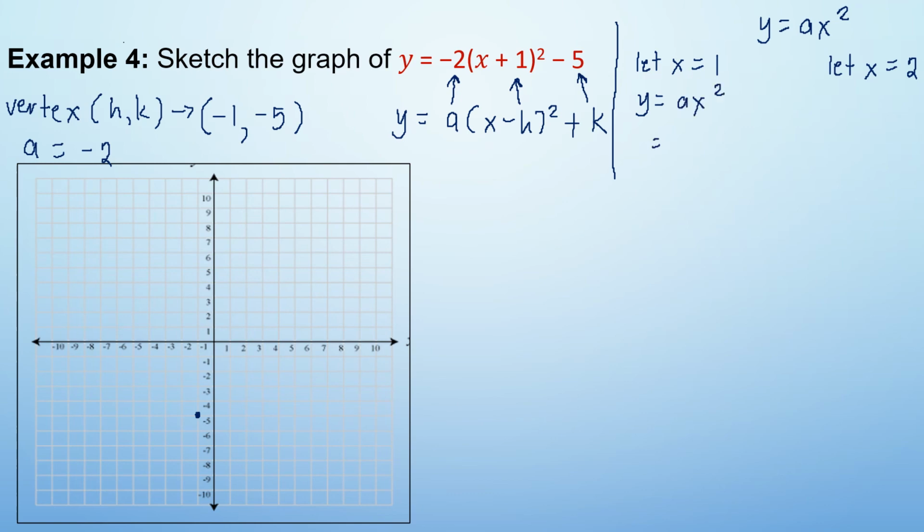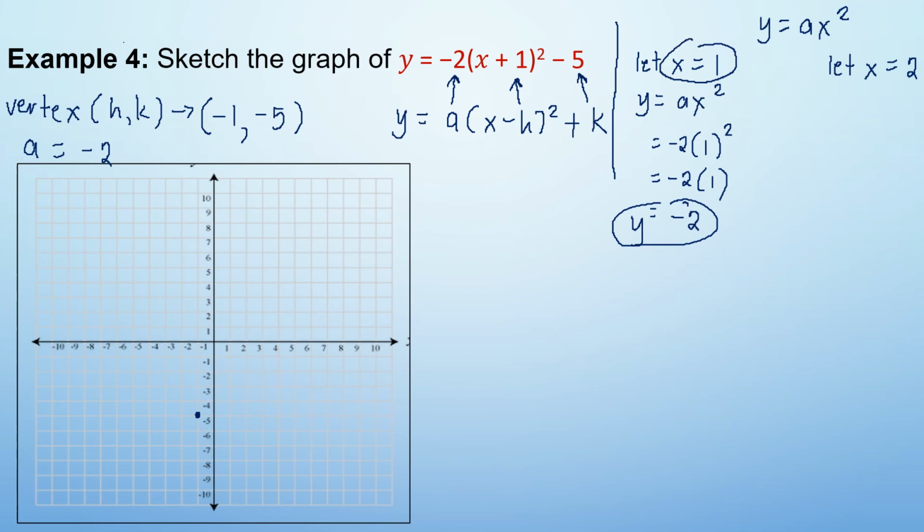A is equal to -2 times the value of x, which is 1. So -2 times 1, we have -2. If x is 1, y is -2.